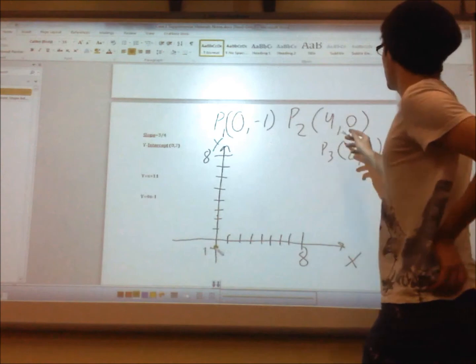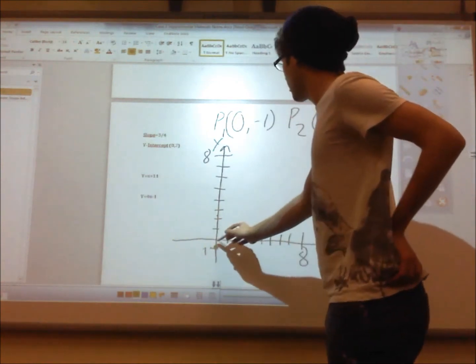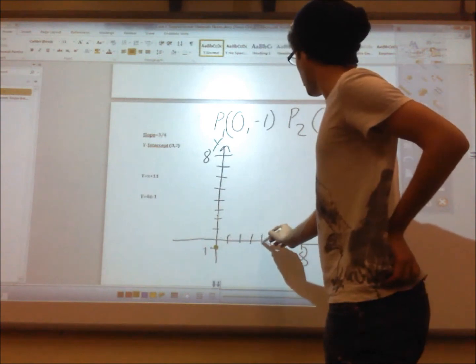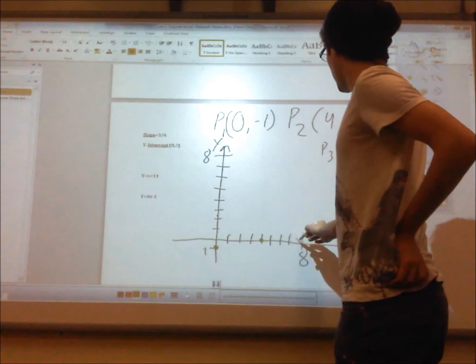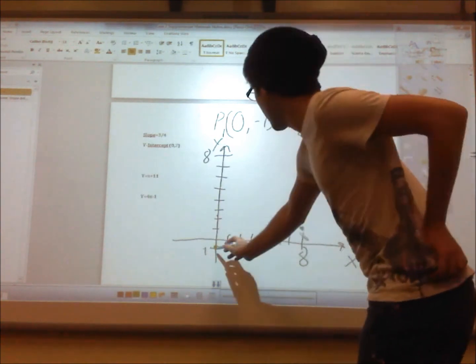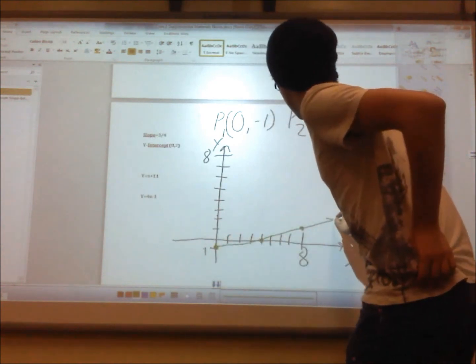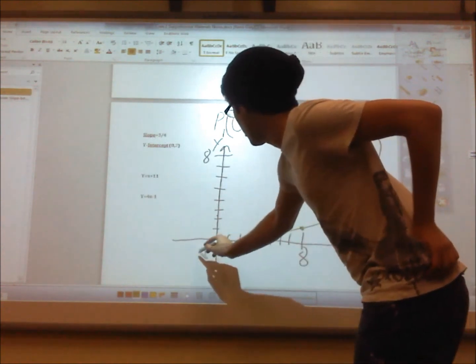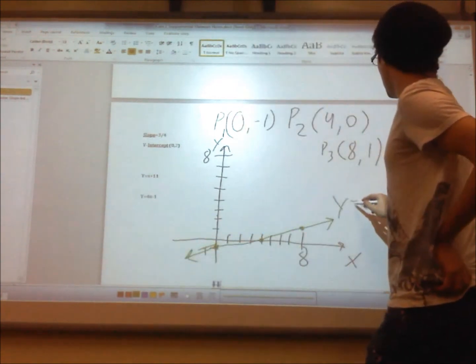Let's go to our point 2, (4, 0), sorry. 1, 2, 3, 4, and no 0. And (8, 1): 1, 2, 3, 4, 8, 1. So now we get the straight line, which probably isn't so straight because of my graph being so off. And this will be y equals 4.